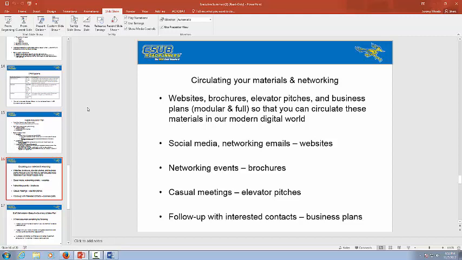In some ways, it's your executive summary with some more pretty graphics to make it look visually more appealing. But if you have your executive summary available in brochure format to hand out to people, that helps a lot at networking events.